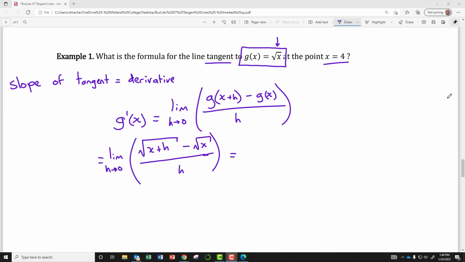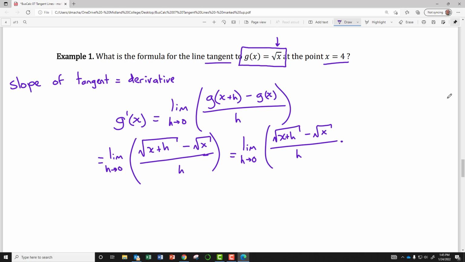And what we can do here, it's going to take a little bit of algebra skills to untangle this. We're going to multiply the top and the bottom of this fraction by the same expression.